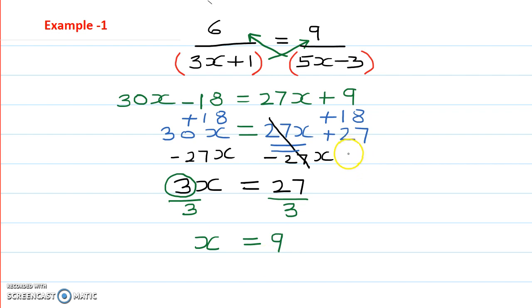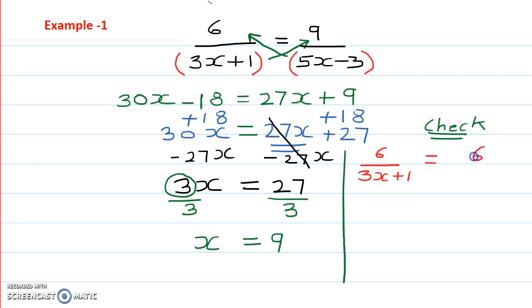If you want to check, I can show you in this example whether your working is right or not. Let's check it. Just draw a line, creating a space on this side for checking. Our first term was 6 over 3x plus 1. So let's write down 6 over 3x plus 1, replacing x with 9.